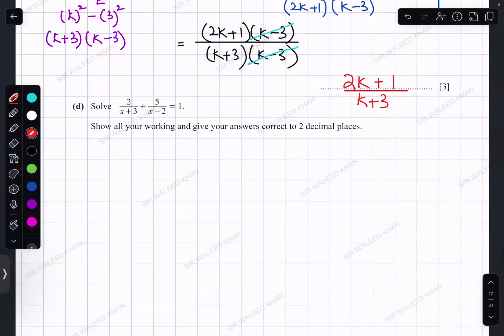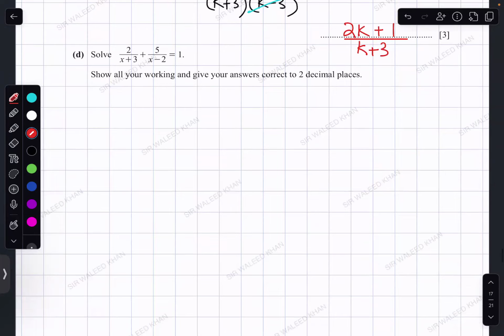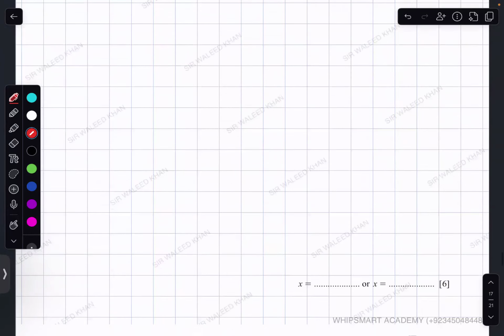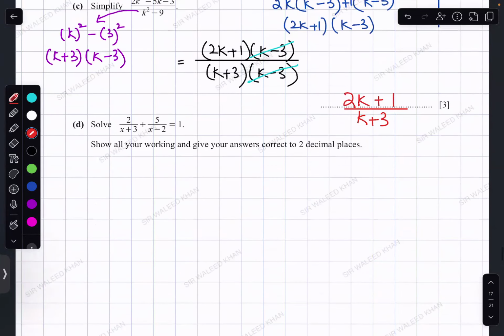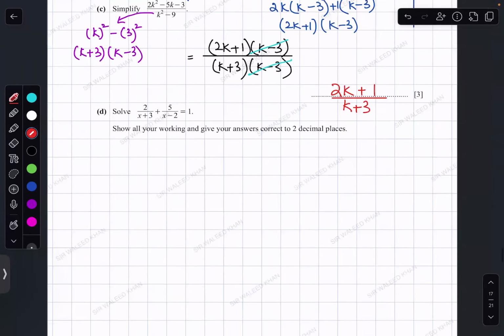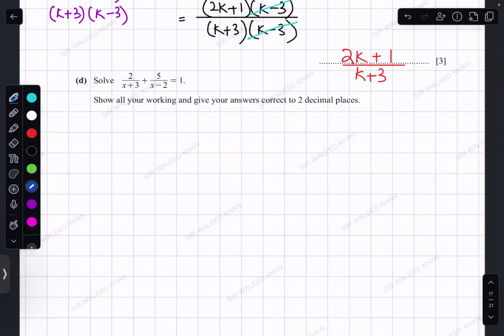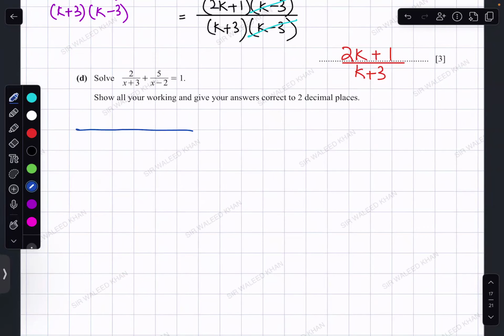Okay, solve this, show all your working and give your answer correct to 2 decimal places. How many marks? 6 mark question. Okay. So first of all, let's make the denominator the same. That will be x plus 3 and x minus 2, equal to 1.